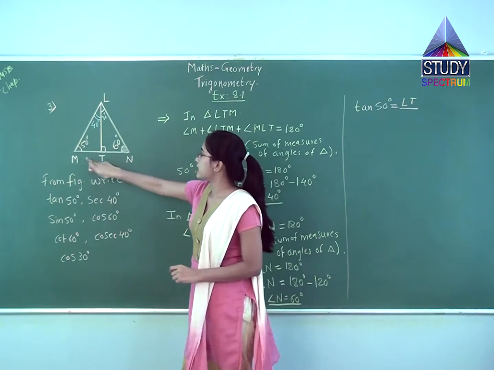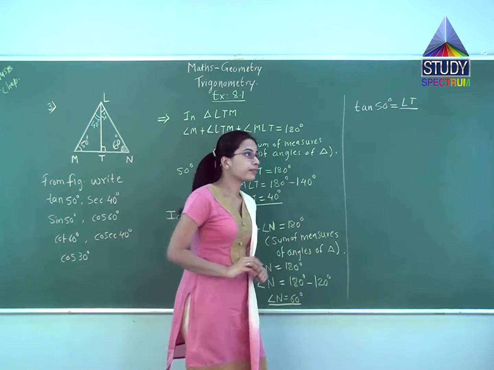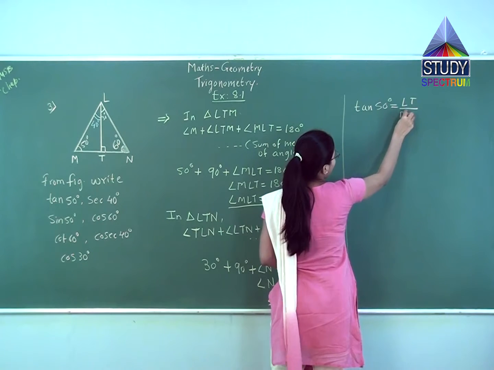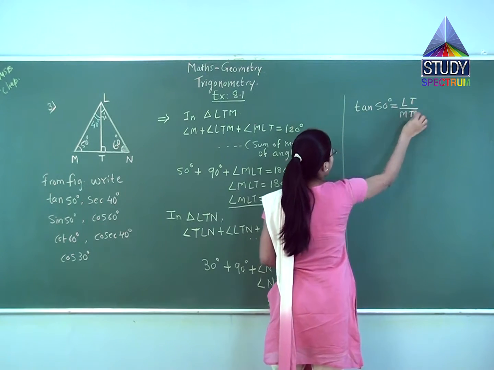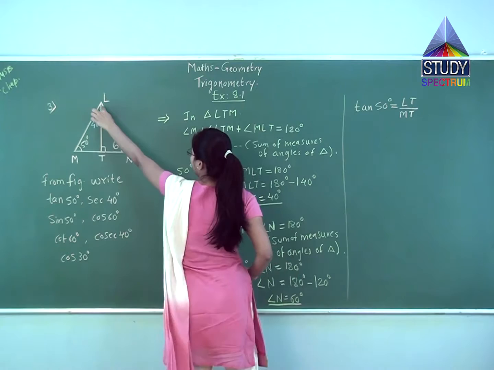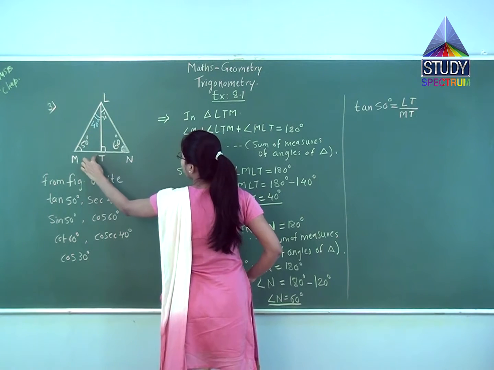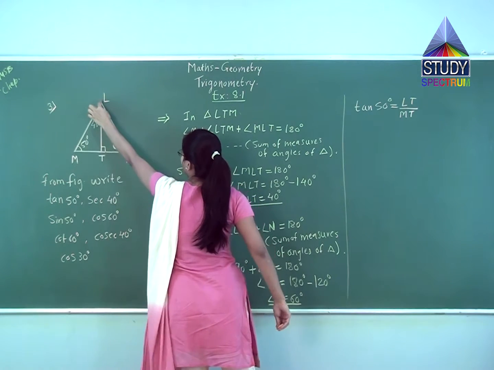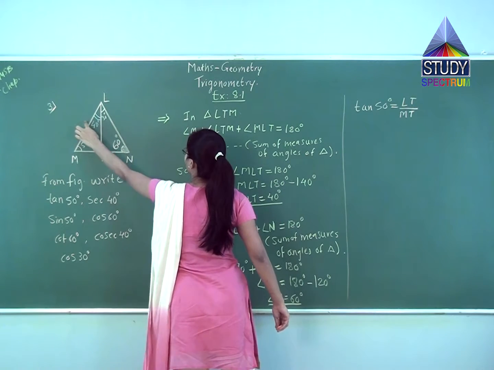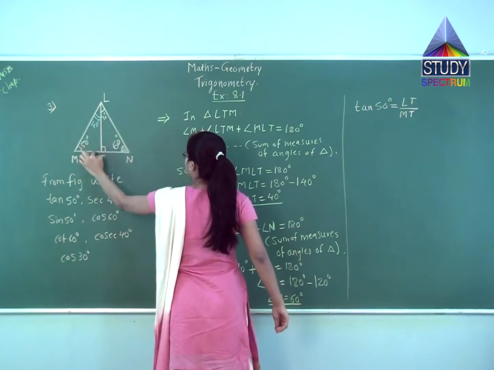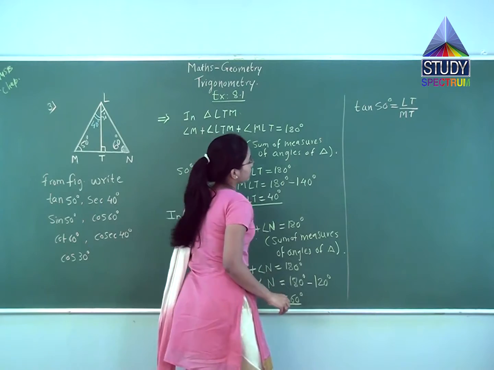Then the adjacent side will be MT. Right? Opposite side upon adjacent side. Now here LM is our hypotenuse because this is the side opposite to the 90 degree angle.